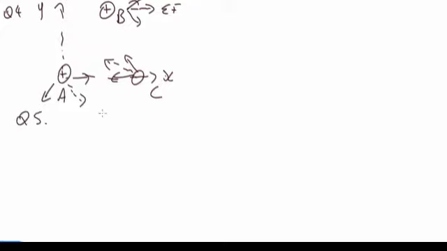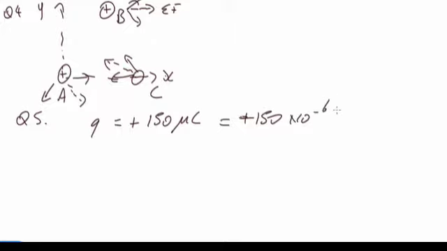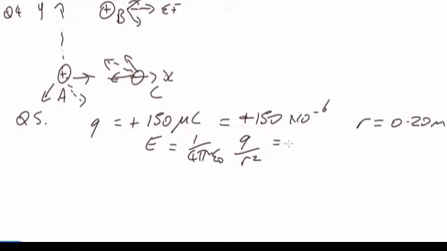Now, question 5, we have a charge of plus 150 microcoulombs, which is plus 150 by 10 to the minus 6 coulombs. We have R equals 0.2. So the electric field will be 1 over 4 pi epsilon naught Q over R squared.